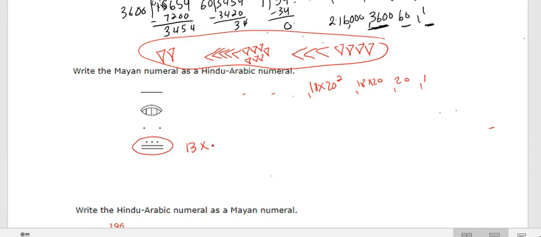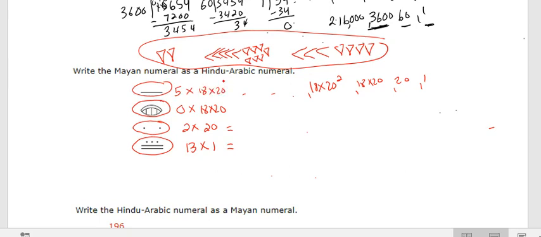So we would multiply 13 times 1. The next level is 2 times 20. So we're in the 20s place. And then this symbol represents 0 times the next place value, 18 times 20. And then last we have a 5 times 18 times 20 squared.